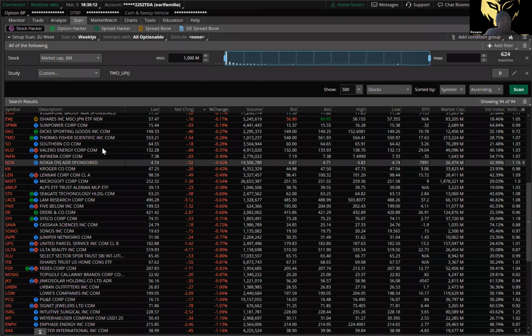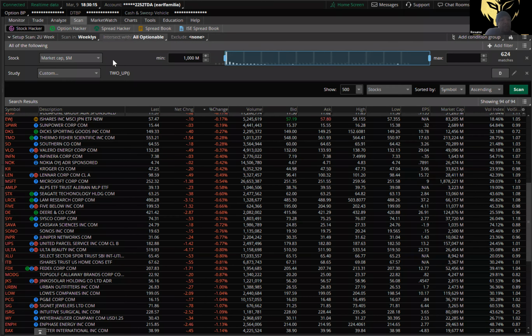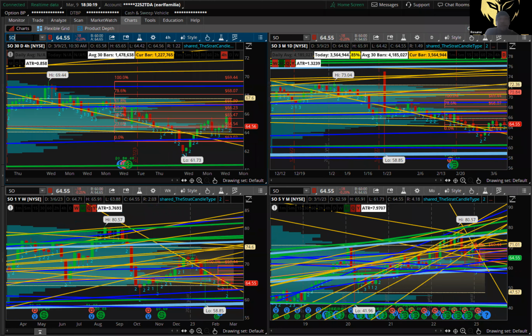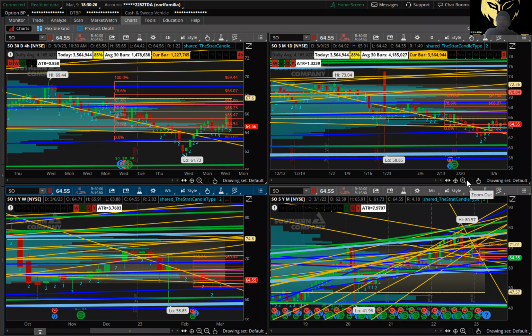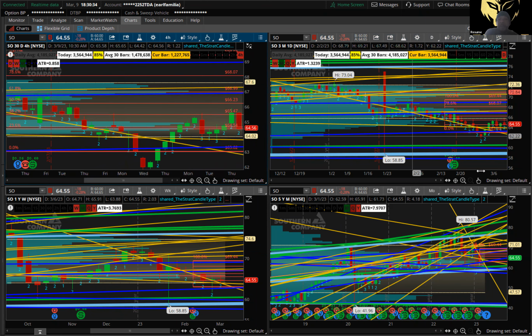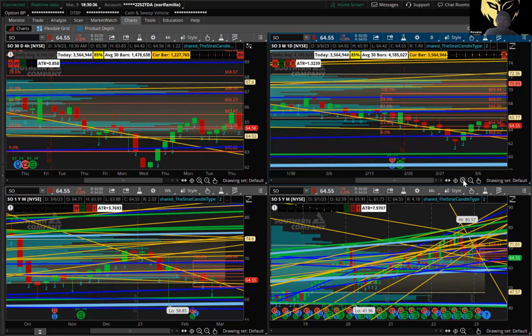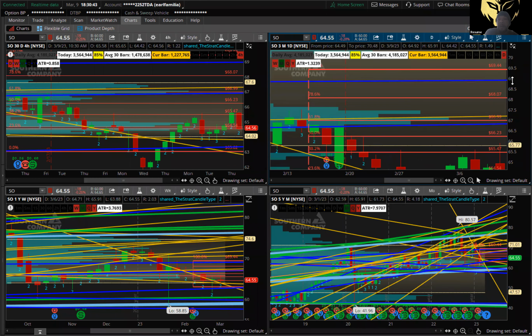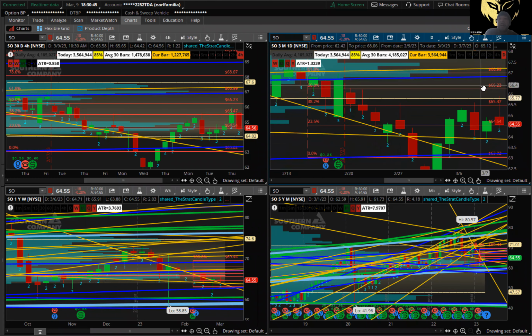I'm going to take a look at Rover, and Kroger. These were the field levels from the other day when we were having a conversation about it.